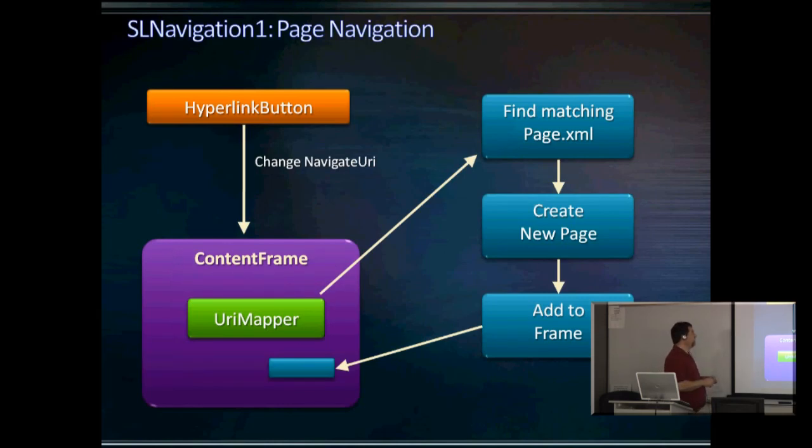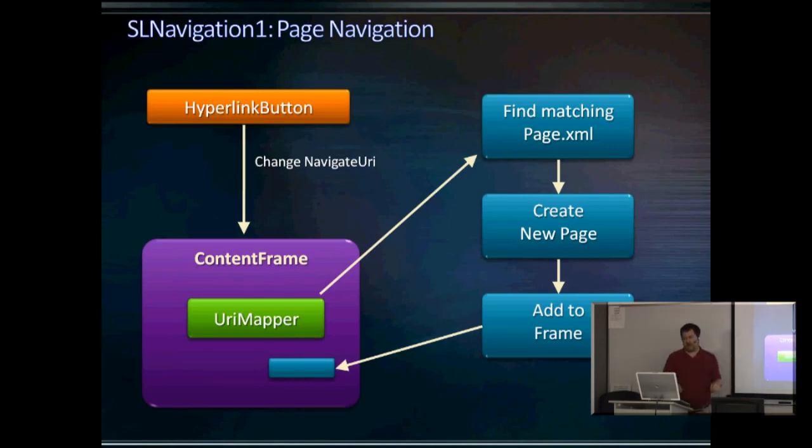Okay, so the hyperlink button. Hyperlink button says change to navigate. So when you press the button, it knows, well, this is about. So it sends a navigate URI to the content frame. It knows about a content frame, and it talks to URI mapper. So it's trying to be opaque here, because remember, this is outside the system.